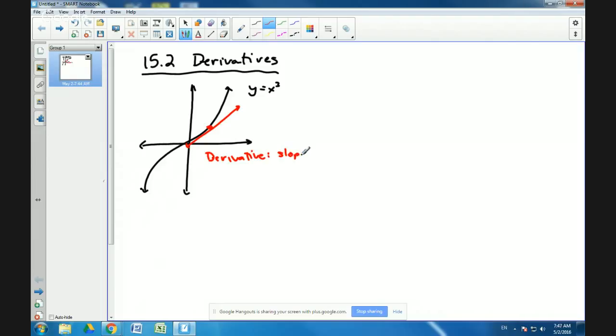Slope. Hopefully that's already in the brains.